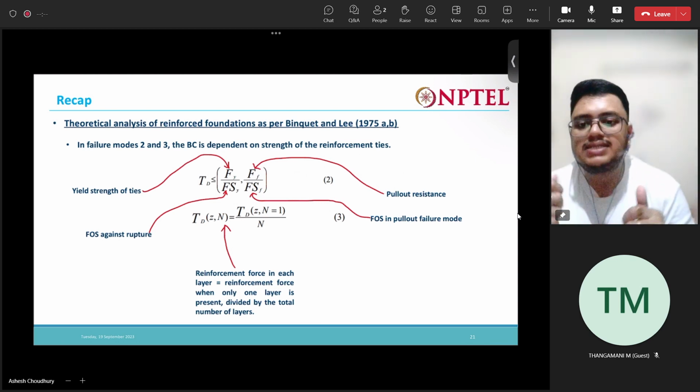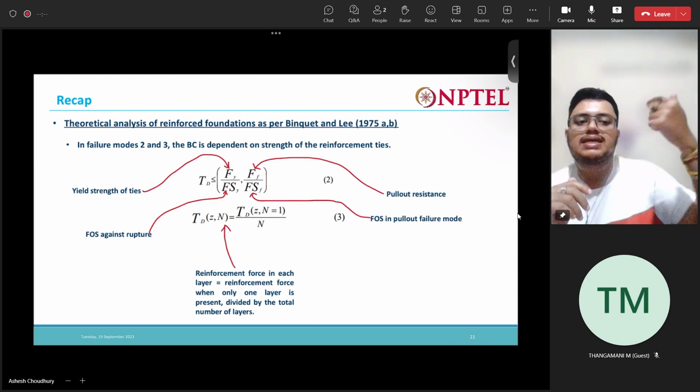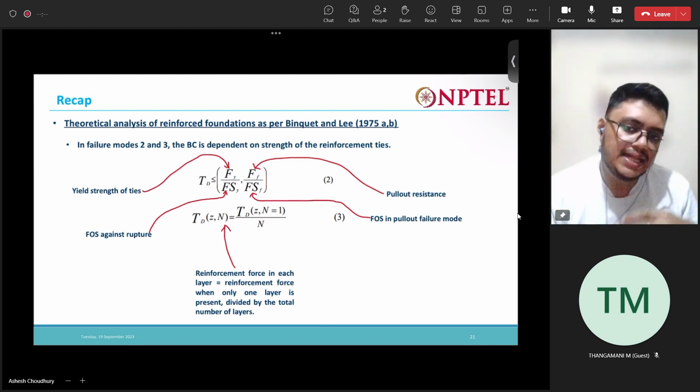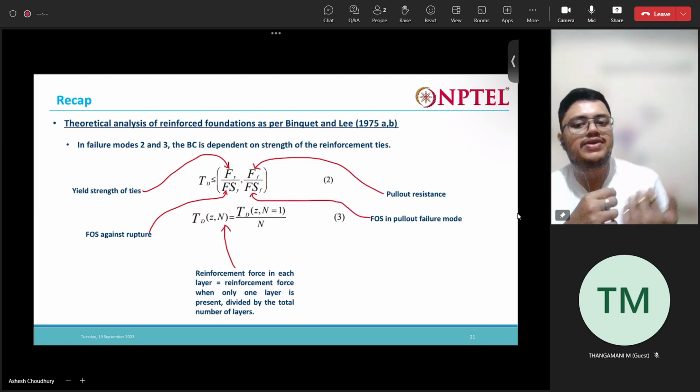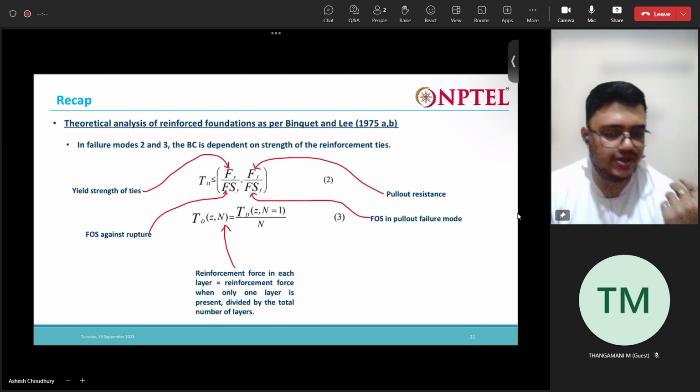This Fy, the yield strength, is divided by a factor Fsy, which is the factor of safety against rupture. That reduces the yield strength by a certain numerical amount so that we get a more conservative value. And the pull out resistance is also divided by Fsf, which is the factor of safety in pull out failure.